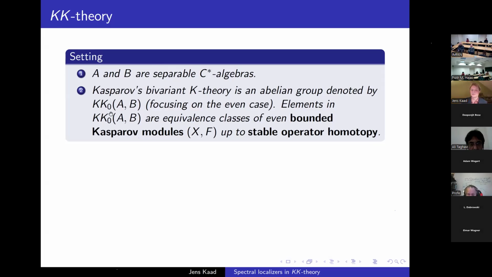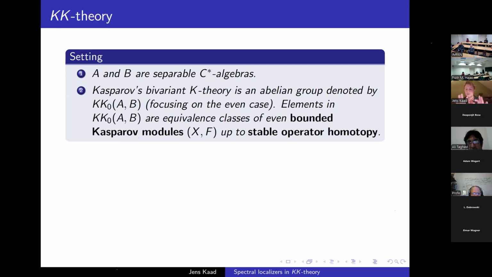The elements in KK theory are all given by even bounded Kasparov modules. They are equivalence classes of even bounded Kasparov modules up to what could be called stable operator homotopy. It's not so important that you know the precise definitions for this talk.